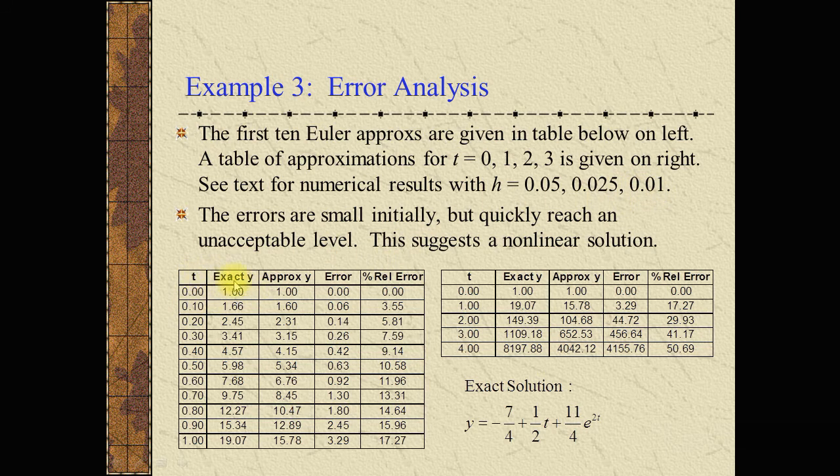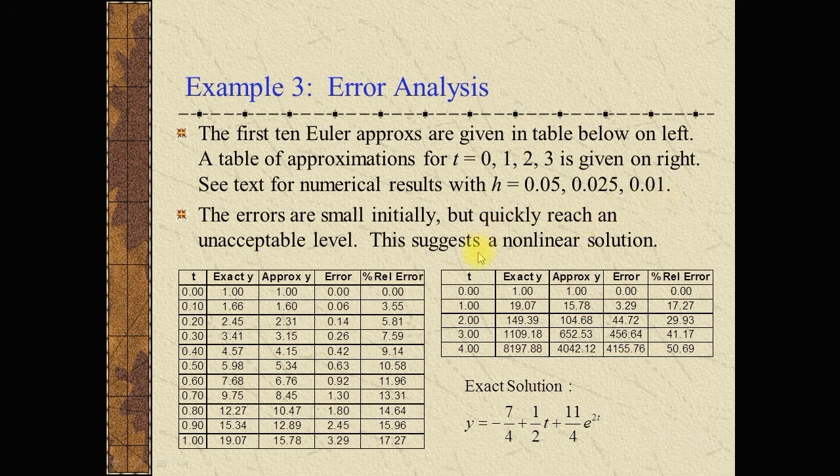In this table the step size is 1, with t equal to 0, 1, 2, 3, 4, and in this table the step size is 0.1. Now we can calculate the result for the step size 0.05. Similarly we can calculate for the step size 0.025. Similarly we can calculate the approximate solution for h is equal to 0.01.